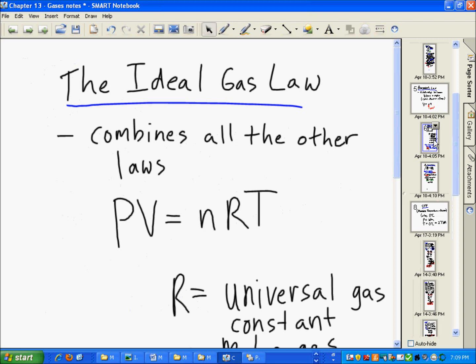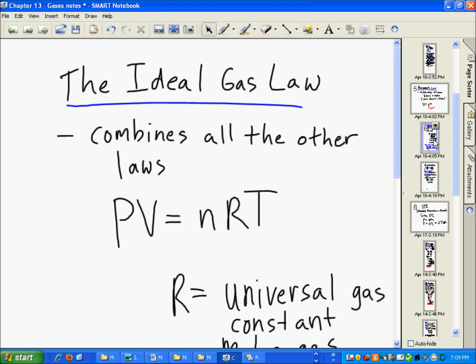There's some assumptions that go along with the ideal gas law. If you assume that a gas is behaving ideally, there are some things that go along with that. One of the things is that all gases are considered to be identical. So it doesn't matter whether you're dealing with oxygen or carbon dioxide or helium. We're assuming that they're going to behave the same.